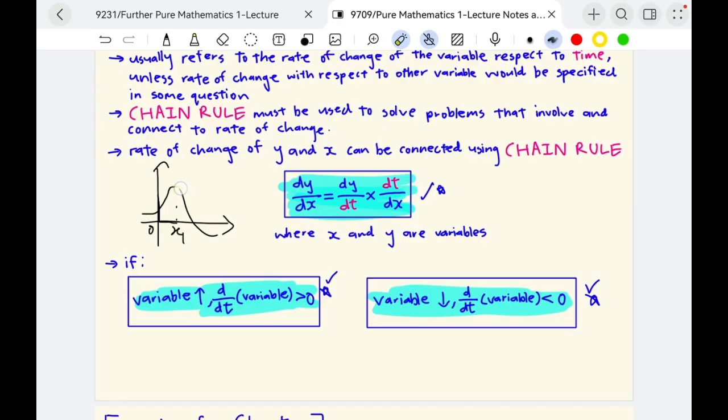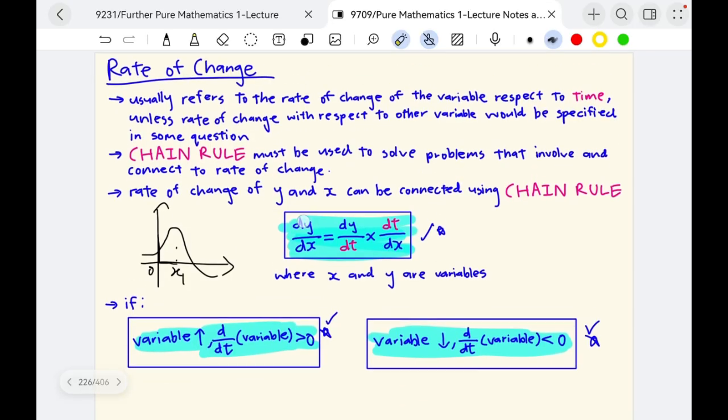What about here? This is the decreasing in an increasing rate. So the variation of the variable depends on its rate of change.